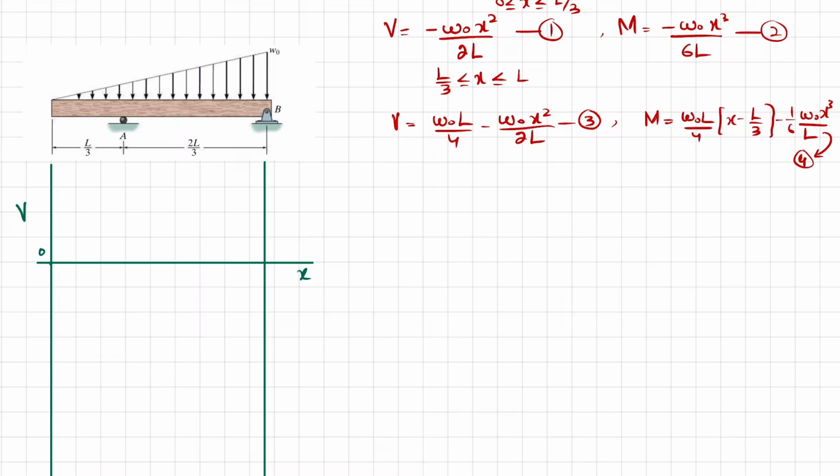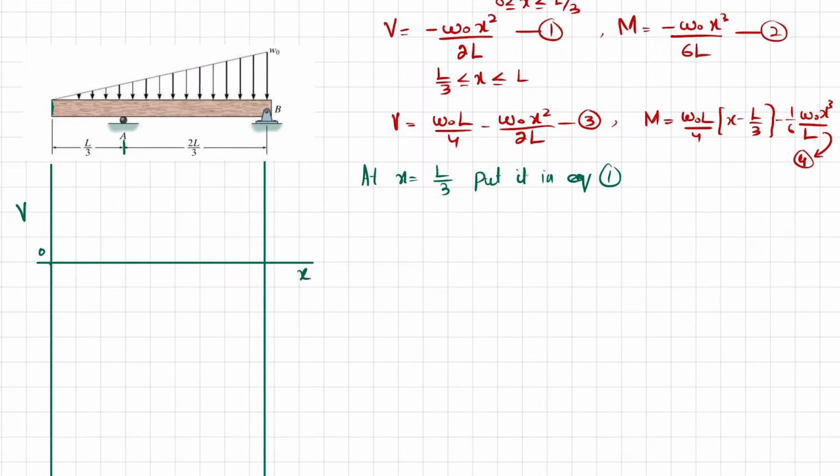At this end there is no shear force, so this will be 0. At a distance of L by 3, we have equation number 1, so at x equal to L over 3, put it in equation number 1.